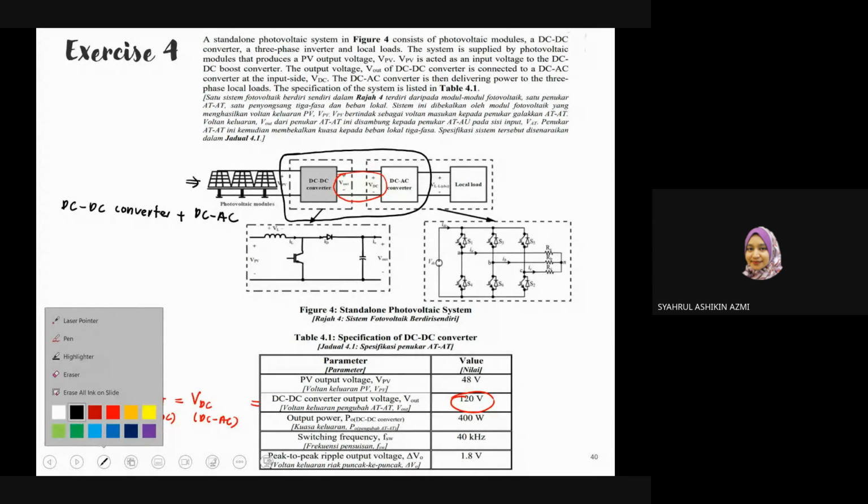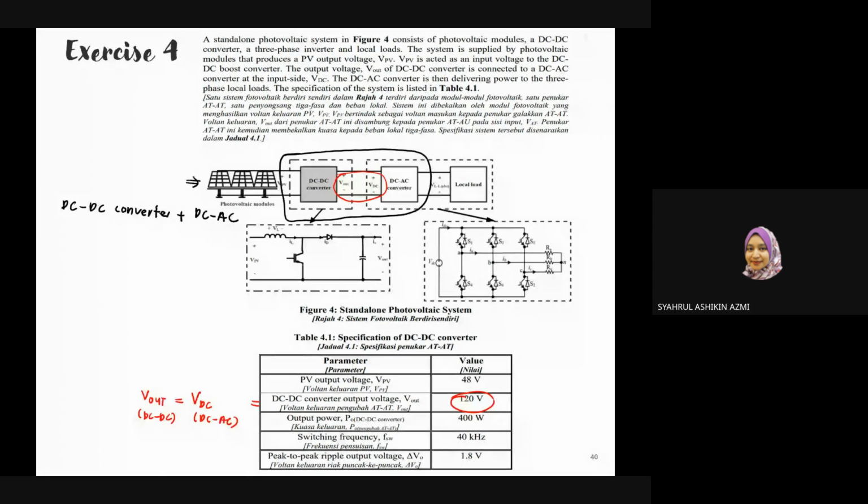Okay, I'm going to explain how to read this table first. First, figure 4, the input. So this PV module is your input. The output of this PV module, as you can see from here, is VPV.